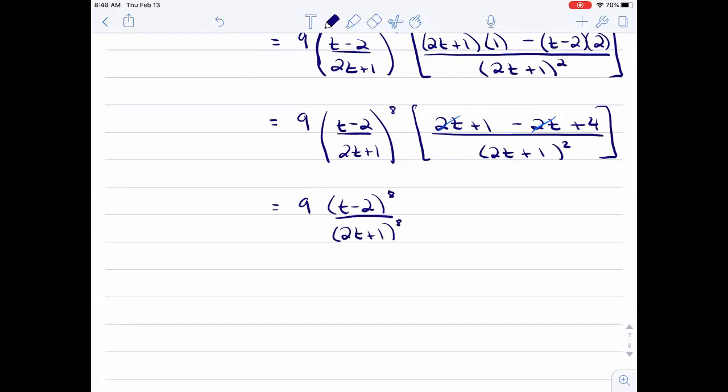I'm allowed to do that because as long as I'm multiplying or dividing, I'm allowed to bring that power inside. I just can't bring the power of 8 onto 2t plus 1, right, because it doesn't work that way. But now we've got 5 over 2t plus 1 to the power of 2.